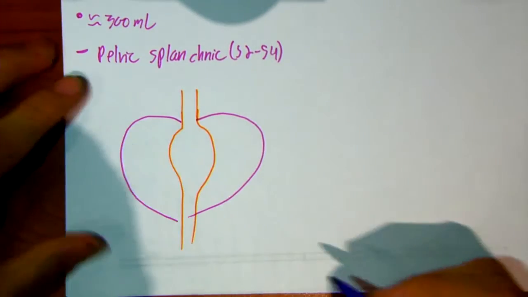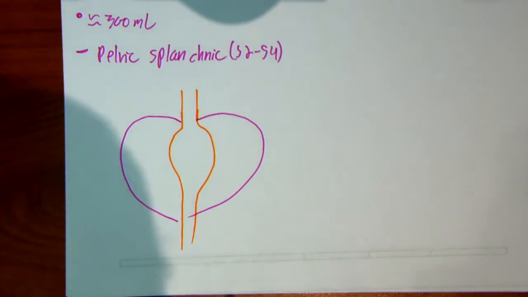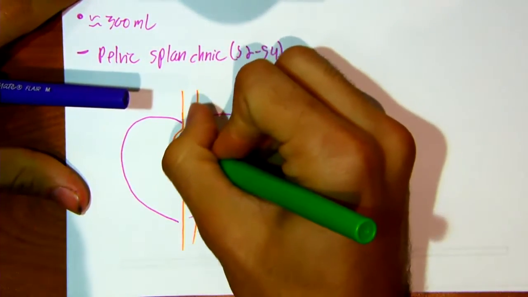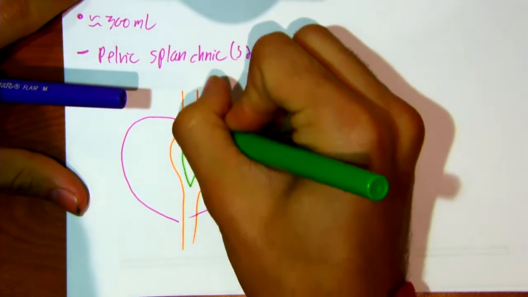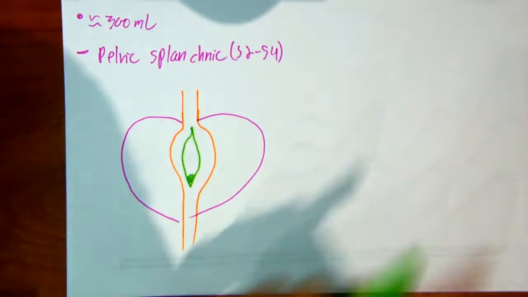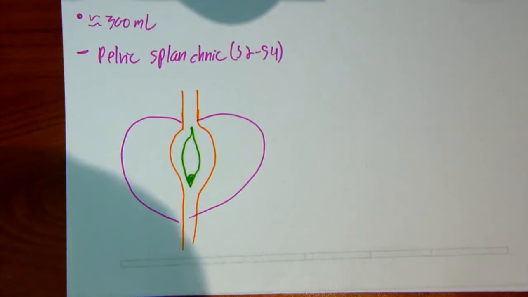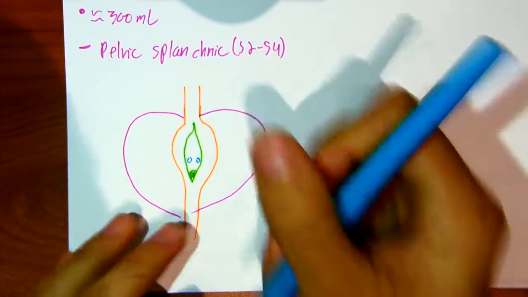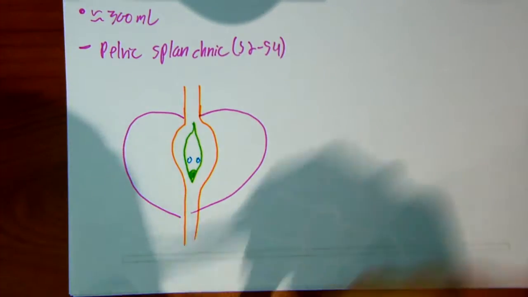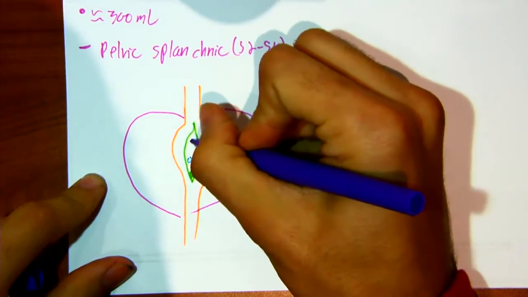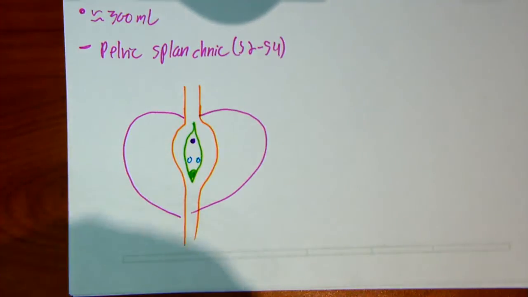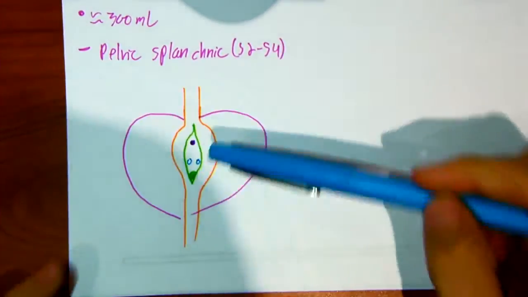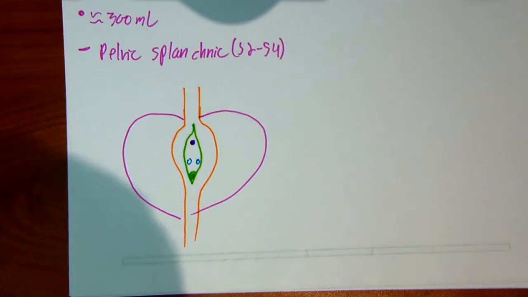So in here, you're going to see some different structures. We're going to talk about what they are, what they come from, and what their purpose is. So here we have the dilatation in the prostatic urethra.